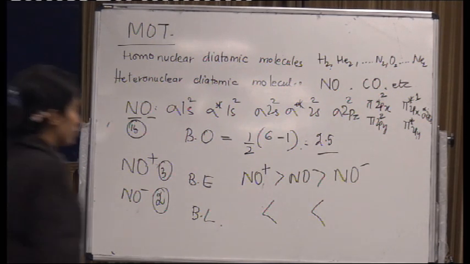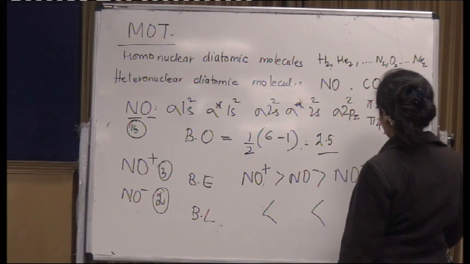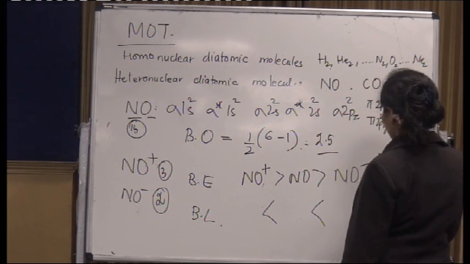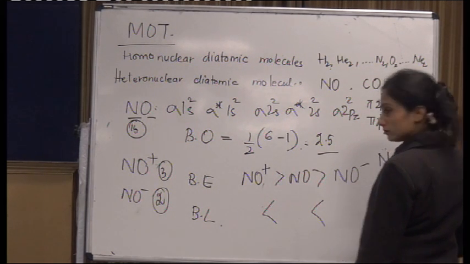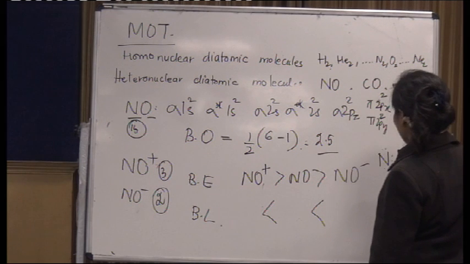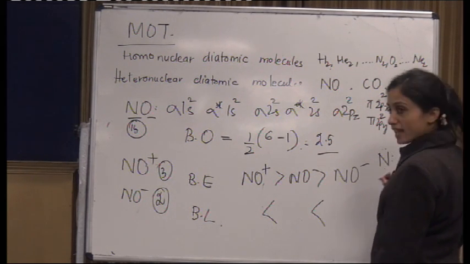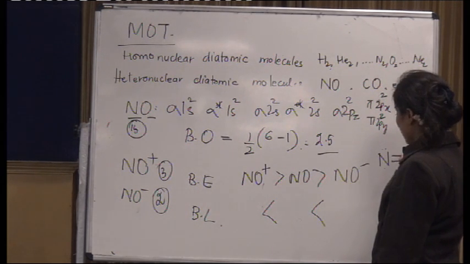Actually, when you draw for the NO, how many valence electrons do you have? Nitrogen has 5, and oxygen has 6. Oxygen needs only 2, but nitrogen needs 3 more. So what it does is it puts here 3, and this is some kind of 2 to पूरे बन रहे हैं, ठीक है, and the third one is not there.